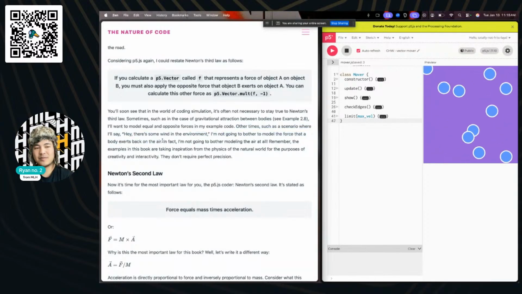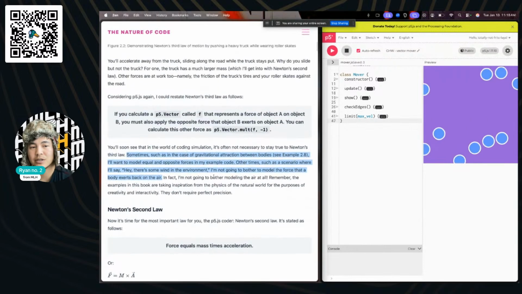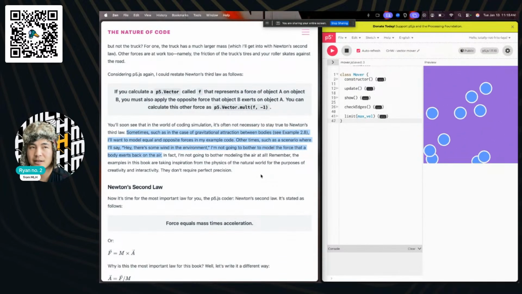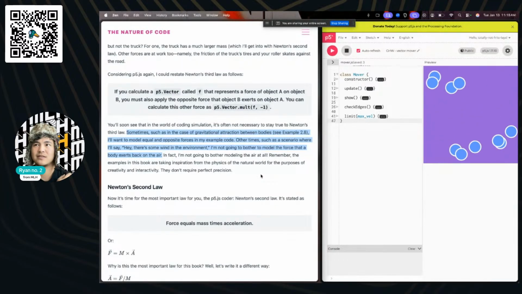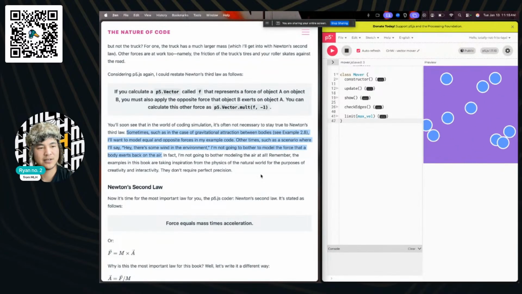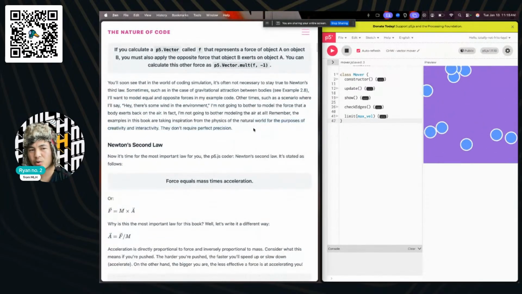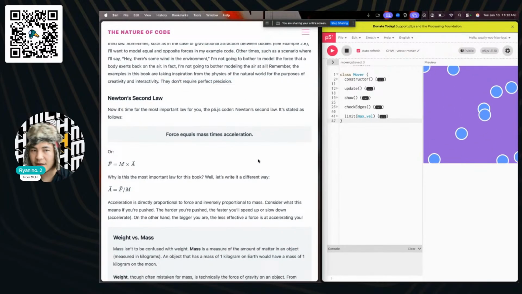Okay, so he's basically saying we don't actually need to apply Newton's third law to every scenario because some models simply don't need that accuracy, since it doesn't affect any part of the simulation in any meaningful way. Or we just don't need that level of precision. I think that's a fair point.